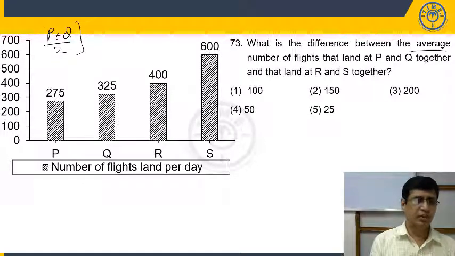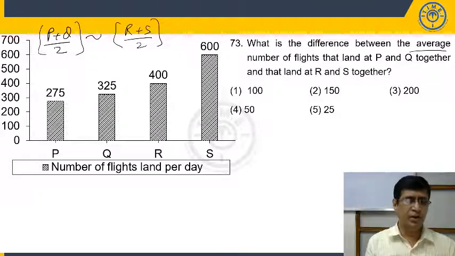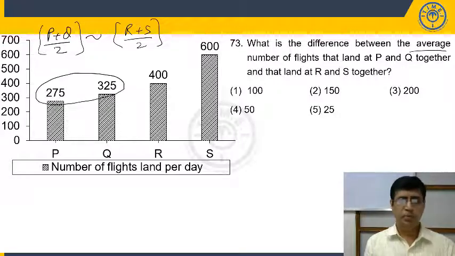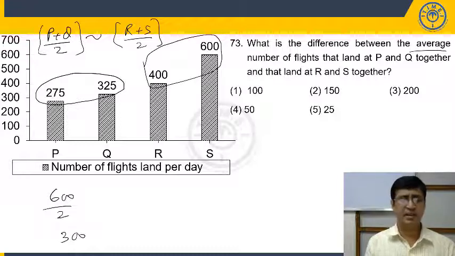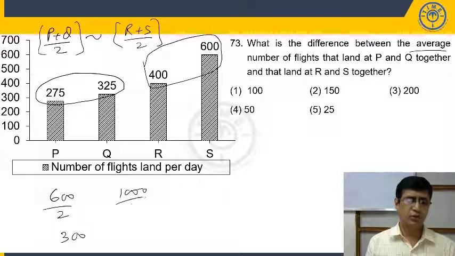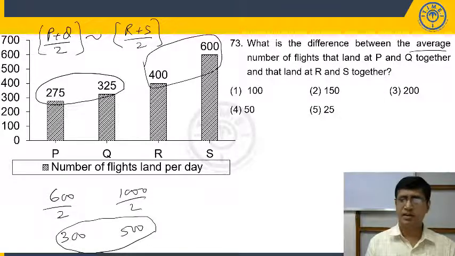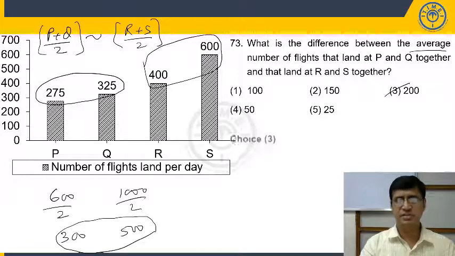The difference between the average of P and Q with respect to R and S. So what is the P and Q? P and Q sum is equal to 600. 600 by 2 means it is 300. Okay, and the sum of these two values, 400 plus 600, is 1000. 1000 by 2, it is 500. How much is the difference of 300 and 500? It is 200. Right choice 3.